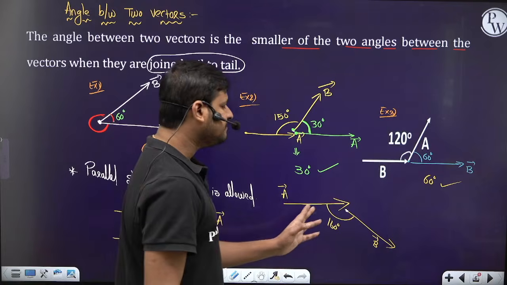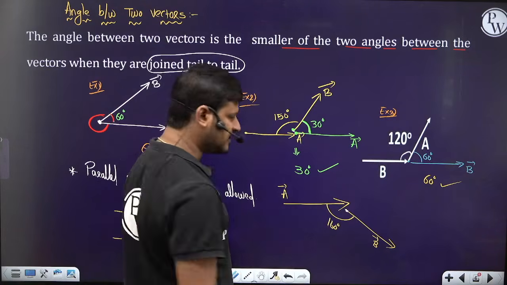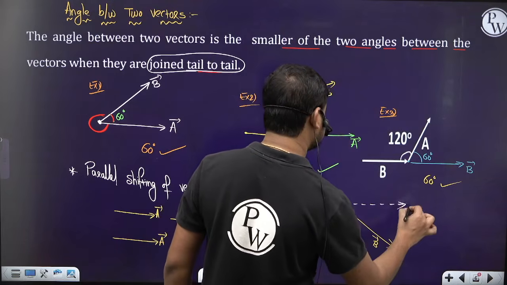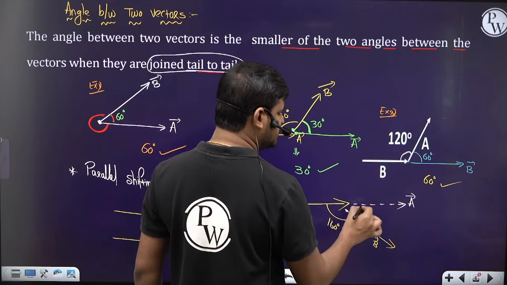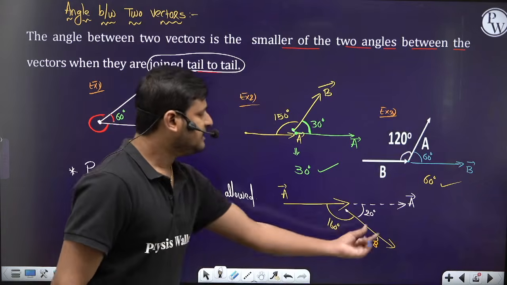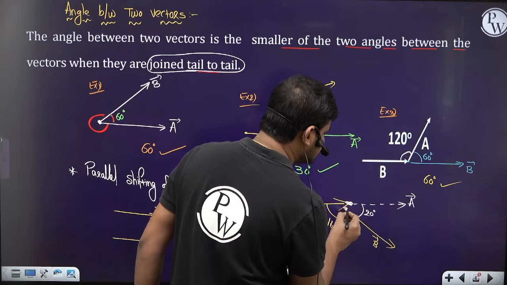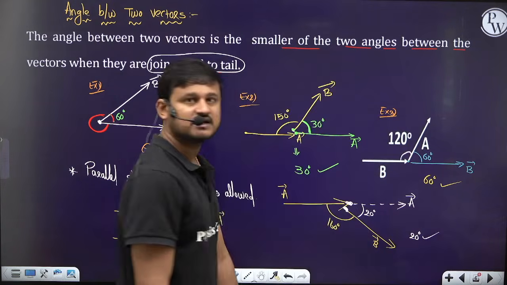Either parallel shift the B vector to this side or parallel shift the A vector to this side. I am parallel shifting the A vector to this side, as this will be the easier procedure. As it is a straight line, this is 160, this must be 20. Therefore the angle between A and B is going to be 20, because the vector A tail and vector B tail are connected here. So this angle, 20 degrees, is the correct one.